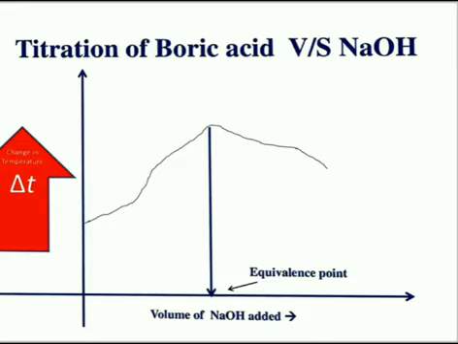The plot shows the thermogram of the titration between boric acid and sodium hydroxide. We could not measure the endpoint of this titration using other titrimetric analysis, but it is successfully done by thermometric titration.